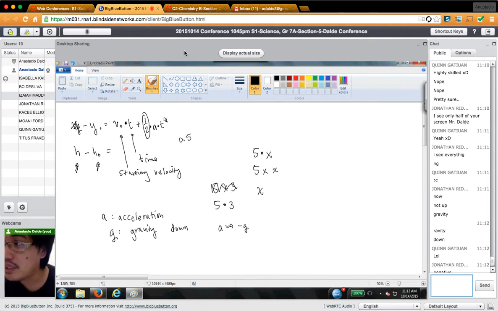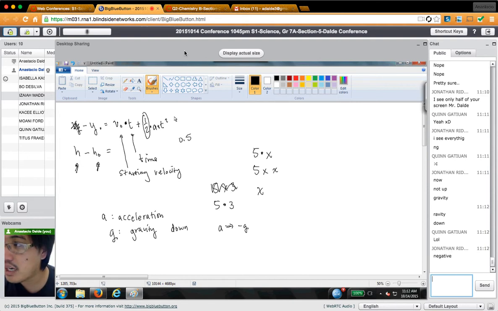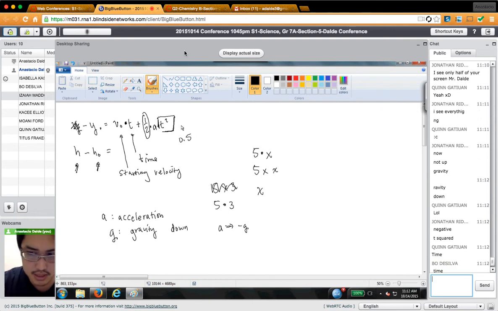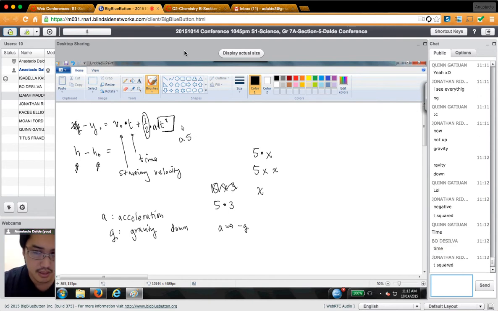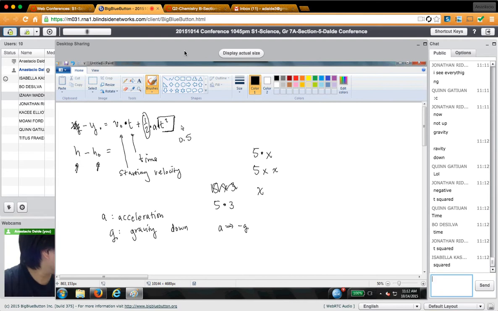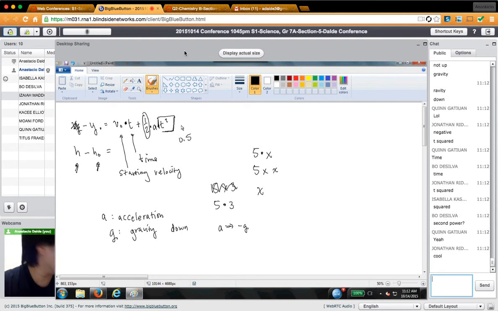This last bit of information right here, this t with a 2 on top of it. Do you know what that t represents? The t represents time. Do you know what that little 2 represents? Squared. It's time squared. Cool? It basically means time times time again. So, let me write down the new equation.